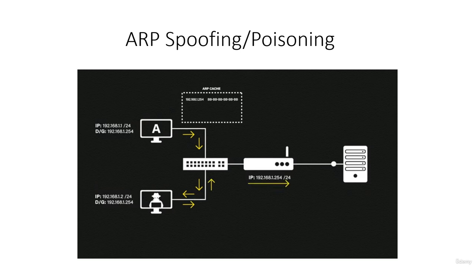So first, host B, which is the unethical hacker, launches an ARP poisoning attack. Then the hacker modifies the ARP cache of host A. Then it reroutes the traffic of host A to the attacker, as you can see in this picture.